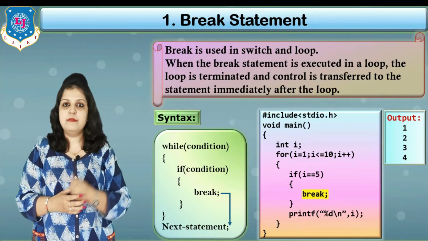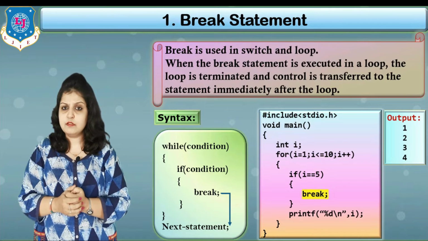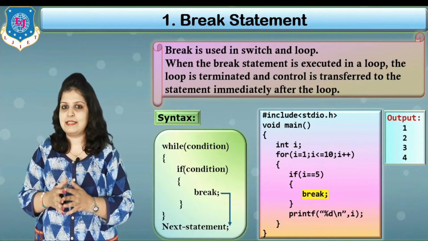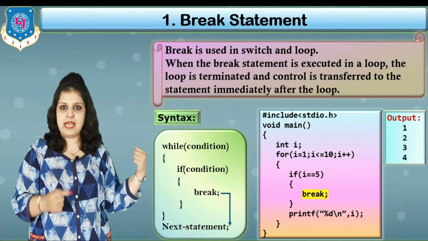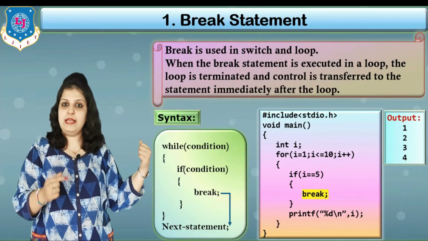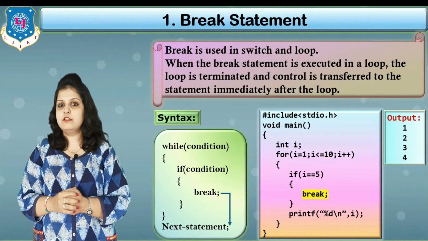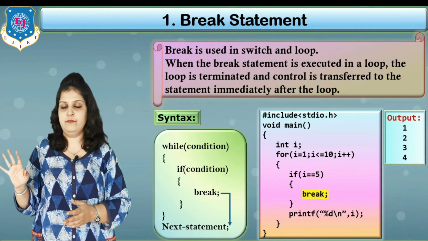Now i plus plus, so our next i becomes 5. So check the condition, 5 is equal to 5, yes, now our if condition becomes true. So break will execute, meaning our loop execution stops here and our control goes outside the loop. So our output is like 1, 2, 3 and 4 only.